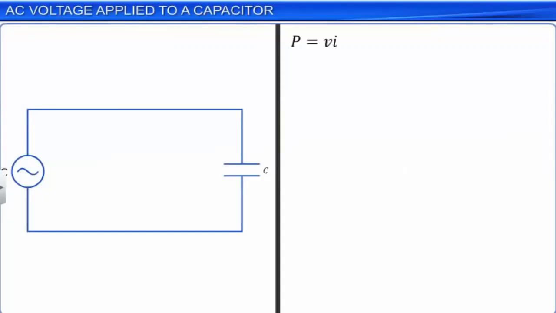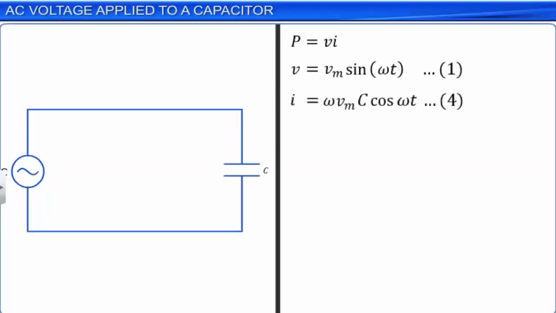Let us now try to look at power dissipation through the capacitor compared to resistance. The instantaneous power supplied, P, to the capacitor is denoted by the product of voltage with current through any circuit element. Using equations 1 and 4 and the relation Im is equal to omega Vm c, we get P is equal to Vm sin omega t into Im cos omega t.